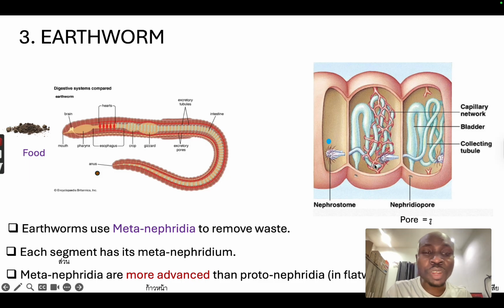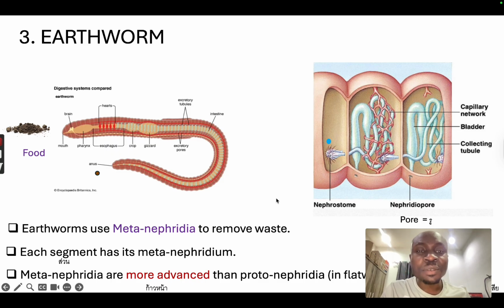They have a structure called metanephridia. And this is one metanephridia, one metanephridium, and then there is another one here. There are many metanephridia in many segments of the earthworm. So there are many of them in each segment, or most of the segments.